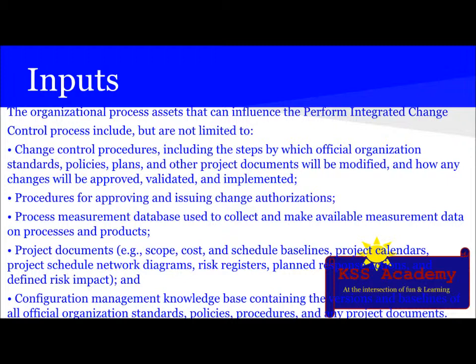Procedures for approving and issuing change authorizations, the process measurement database used to collect and make available measurement data on processes and products, project documents, for example scope, cost and schedule baselines, project calendars, project schedule network diagrams, risk register, planned response and actions, and defined risk impact. And the configuration management knowledge base containing the versions and the baselines of all official organization standards, policies, procedures, and any project documents.